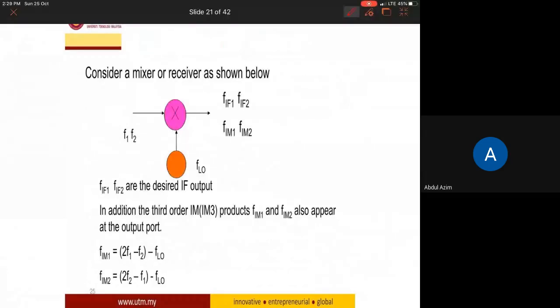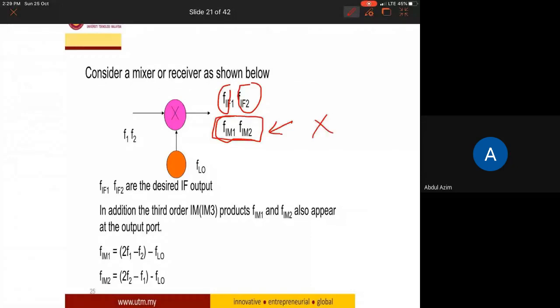So if we have the two RF signals, F1 and F2, and we hope we can get only the first intermediate frequency and second intermediate frequency. Unfortunately, the image frequency also occurs, which is the part we actually don't want.